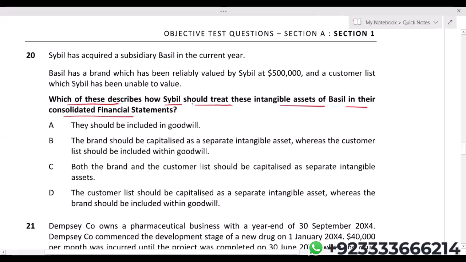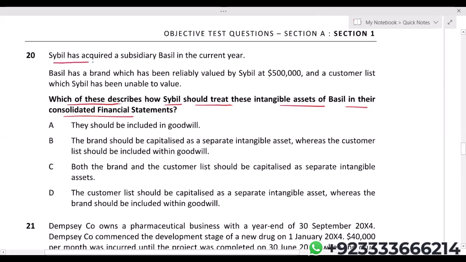I think we have discussed earlier as well. When a parent is acquiring a subsidiary, at acquisition you have to bring all the net assets of the subsidiary at fair value. The difference between fair value and carrying amount of the subsidiary's net assets is the fair value adjustment.